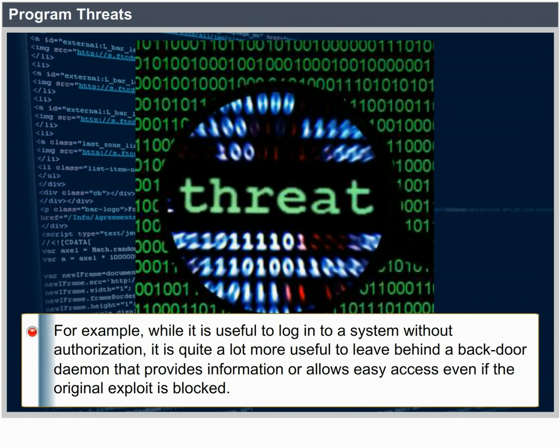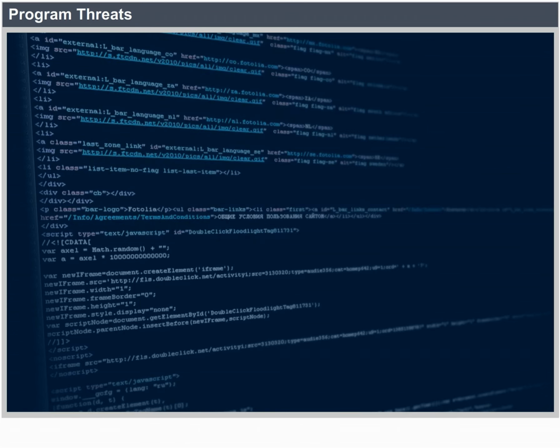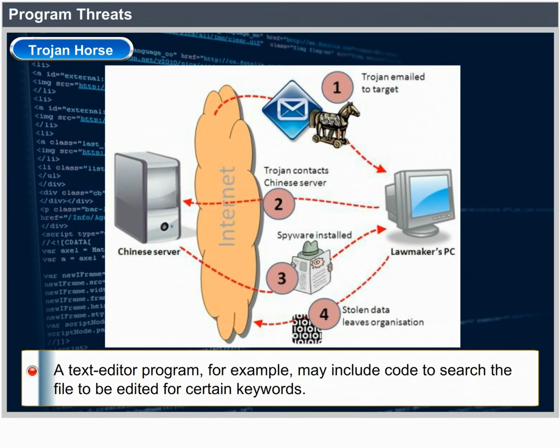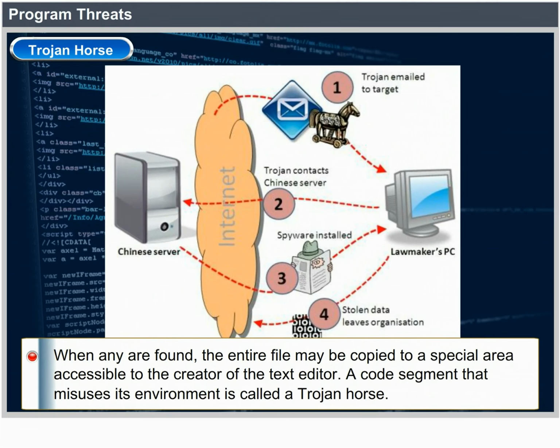Trojan horse. A text editor program, for example, may include code to search the file to be edited for certain keywords. If any are found, the entire file may be copied to a special area accessible to the creator of the text editor. A code segment that misuses its environment is called a Trojan horse.